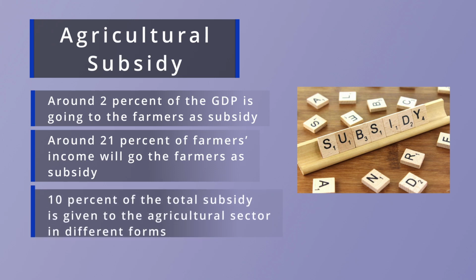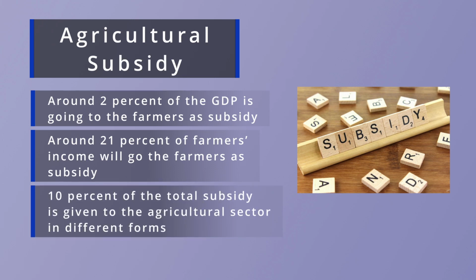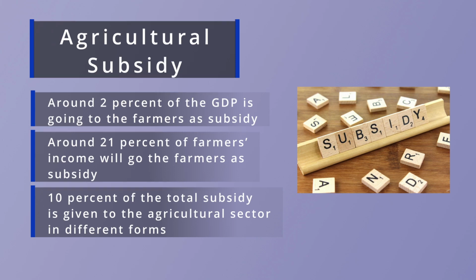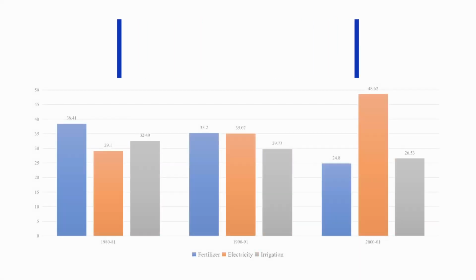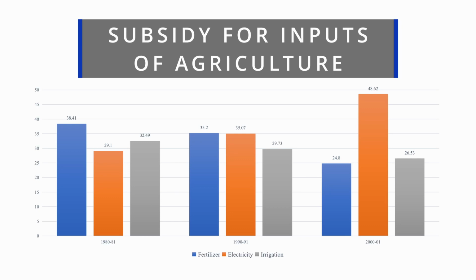Now, if you look at the total amount of subsidy given by the government to different sectors of the country, around 10% of the subsidy is going only to the agricultural sector. So we can understand the huge amount of subsidy that is actually allotted by the government to the agricultural sector.